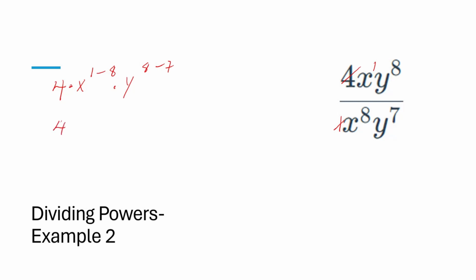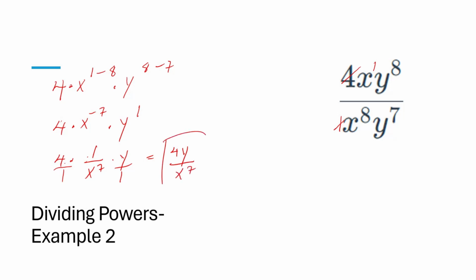So we get 4 times x to the negative 7 times y to 1. So if we get y to 1, this is going to be 4 times 1 over x to the 7 times y over 1. Multiplying all of this, 4 times 1 times 1, 4 times 1 times y, is going to give me 4y over x to the 7. And that completes this problem.